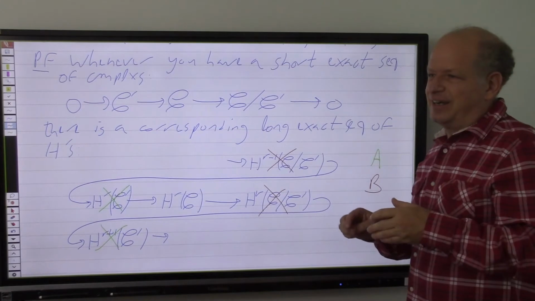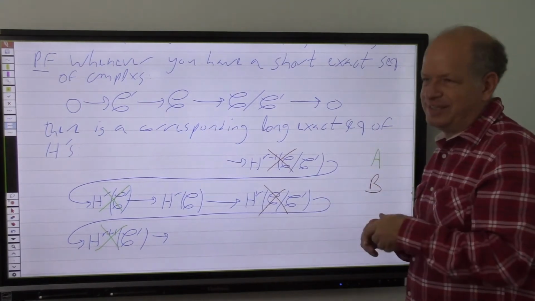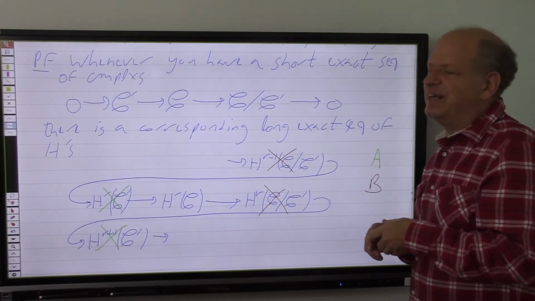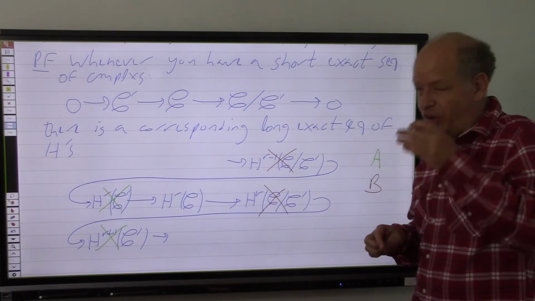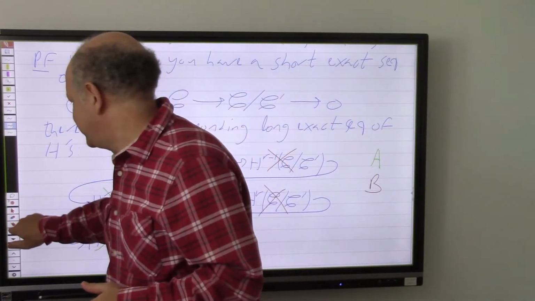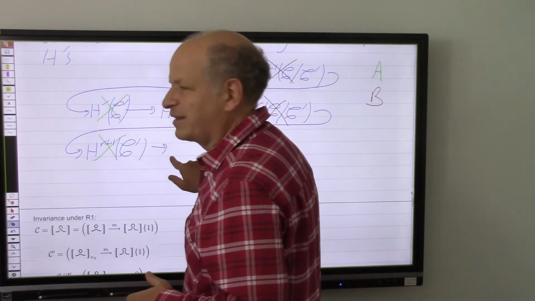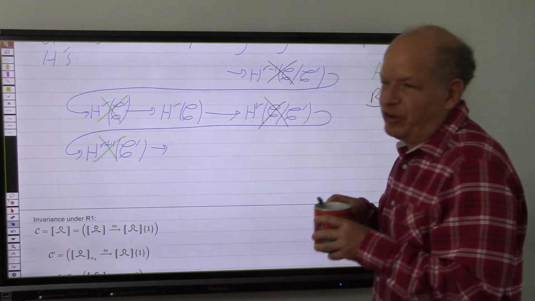It's very easy to do by a diagram chase, and it's the most painful thing in the world to write it. It's pain with no benefits. So let's not do it. You could give this one as the next assignment. No, I will not, because again, it's pain with no benefits.